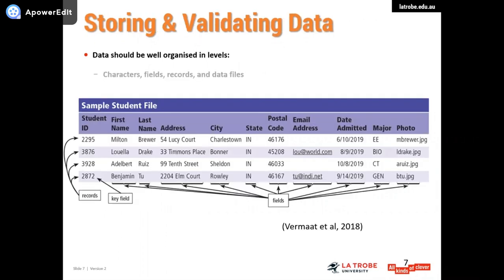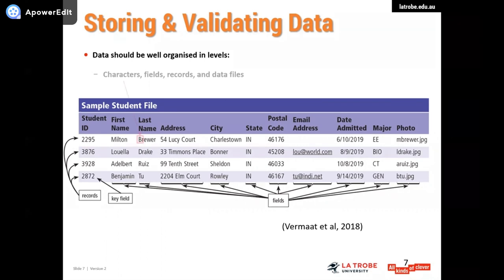So first, let's look at how to store and validate data. In order to efficiently process data, we need to use the correct way to store it first. Usually the data should be well organized in levels. Here is an example of how we should store our data in the database. There are some new terms for you: characters, fields, records, and data files.